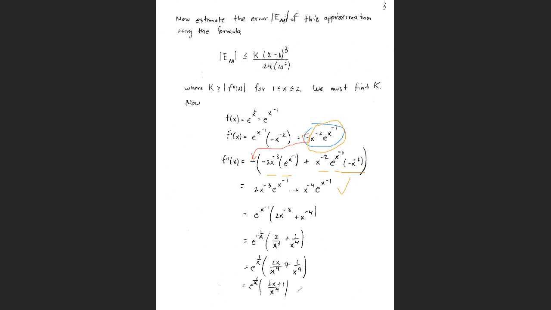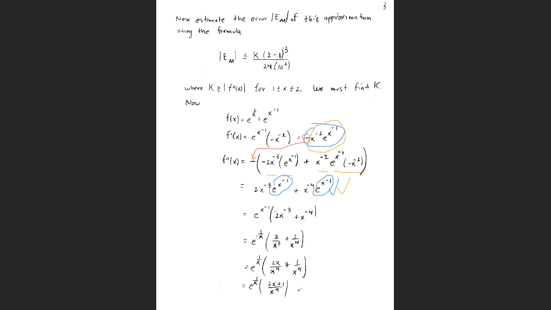Now, what we want to do with this second derivative, or I should say the absolute value of the second derivative, is find out where it's maximized over our interval from 1 to 2. So to help me do that, I want to rewrite the second derivative in a prettier form. So these negative exponents, well, first of all, what I do is the e to the power x to the negative first, I factor that out.